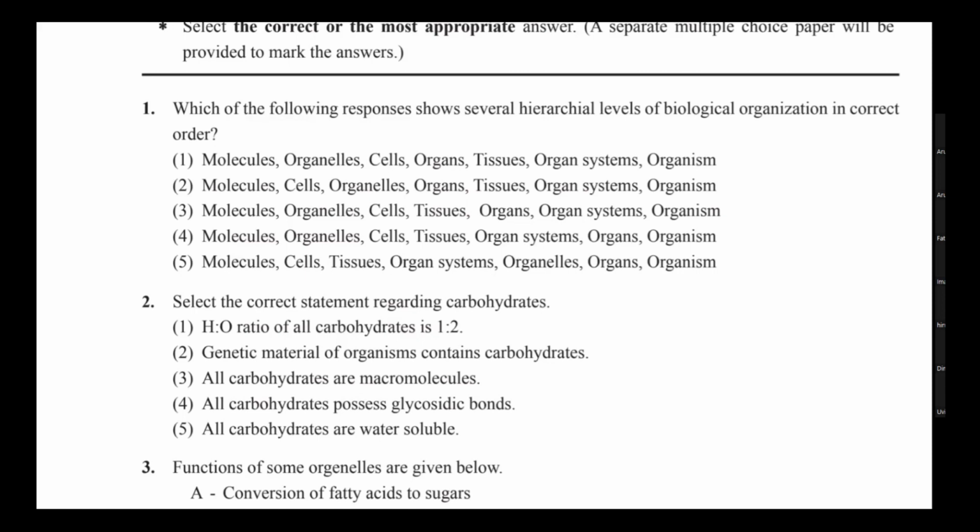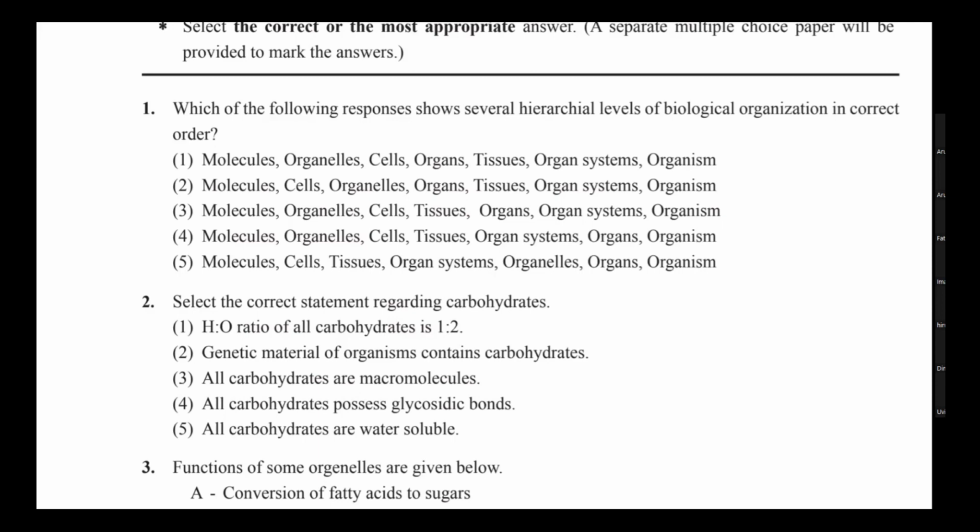And the second property is they are polymers made up of a large number of repeating units, monomers. Now, carbohydrates in your syllabus are classified into 3 groups: monosaccharides, disaccharides, and polysaccharides. There's another group, which you can learn later under biochemistry if you are interested, that is oligosaccharides. Anyway, it's not relevant to our syllabus.